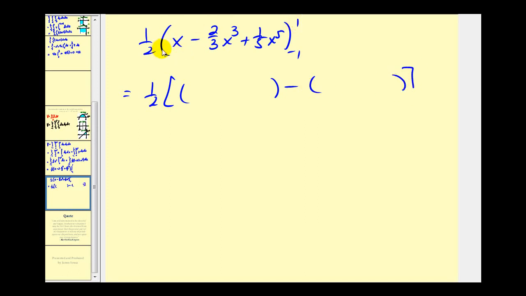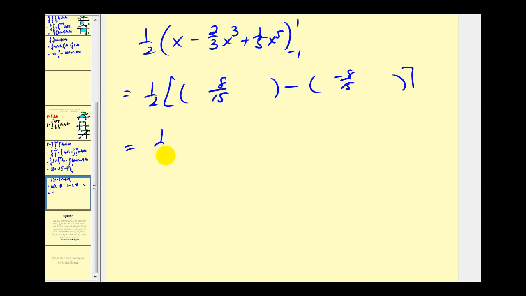When x is equal to 1, we'll have 1 minus 2/3, that's 1/3, plus 1/5. 1/3 plus 1/5 will give us 8/15. And then when x is negative 1, we're going to have negative 1 plus 2/3, that'll be negative 1/3, plus a negative 1/5, that'll be negative 8/15.